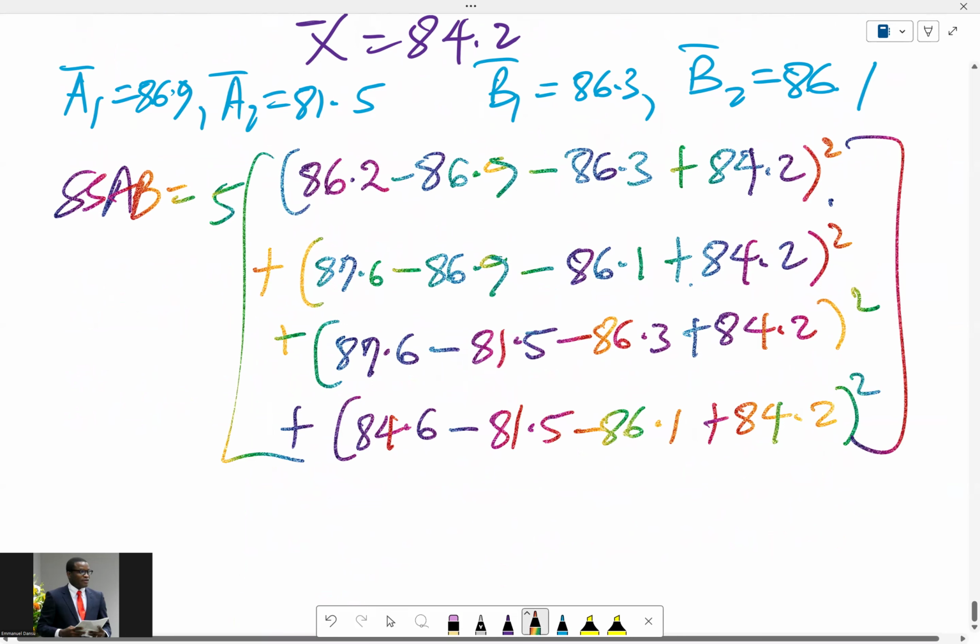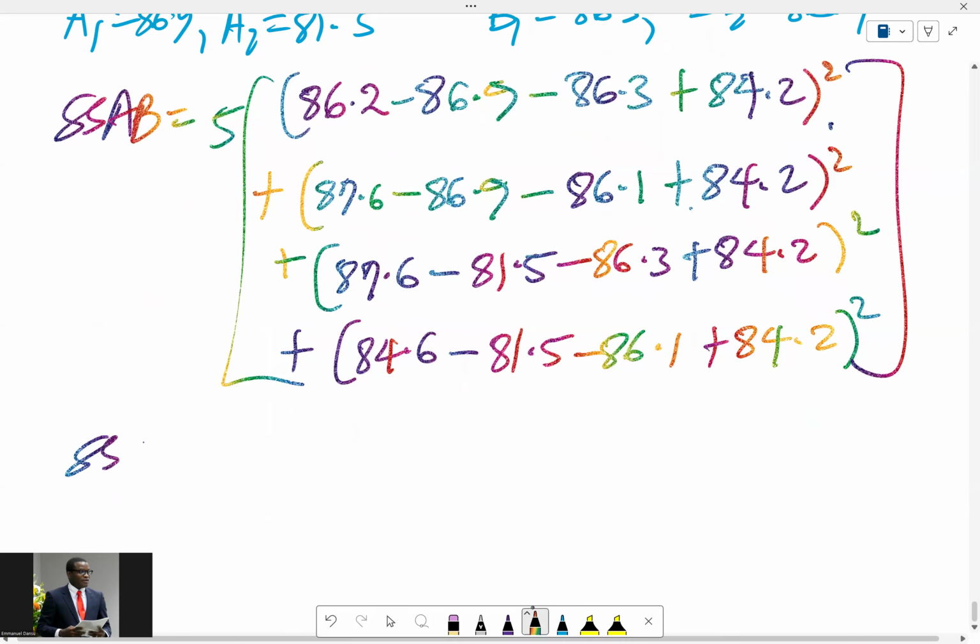Right, so SSAB. Well, we can still take the pain to compute this step by step. So we have 5 into, and I'll just take the squares out one after the other, then sum and multiply by 5.